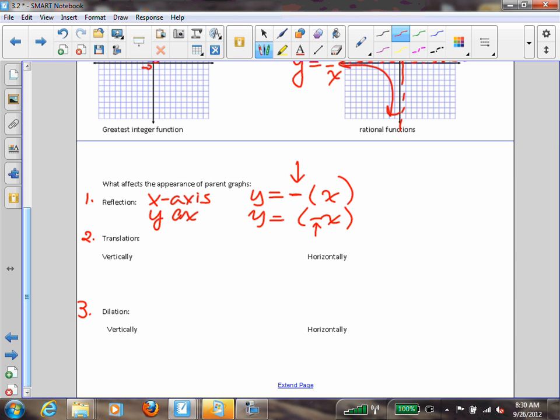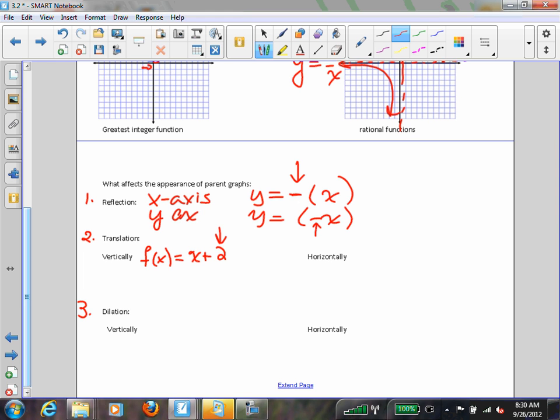Okay. Translation vertically. Well, this is going to be adding, so I'll say something like f of x is equal to x plus 2. There is my vertical. It's outside. It's affecting your y. So this affects the y.